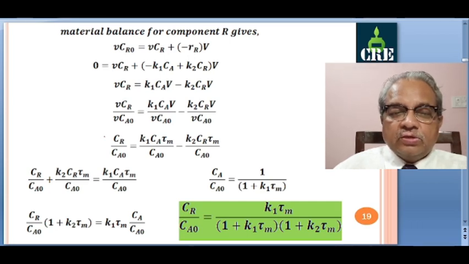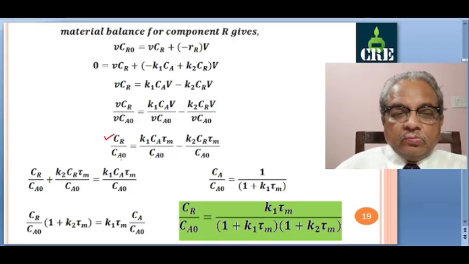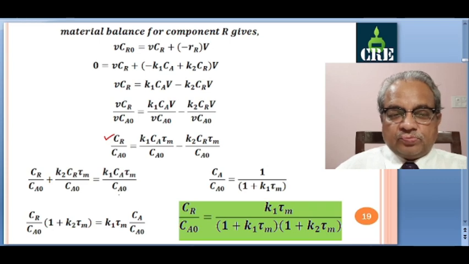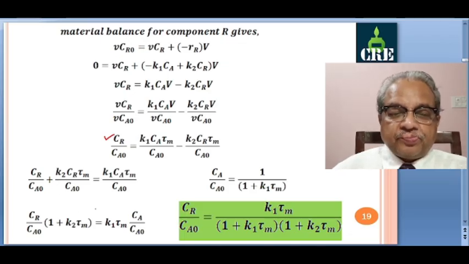We are left with CR by CA0 equal to K1 CA by CA0 times V by v, which is tau m, minus K2 CR by CA0 times V by v, which is tau m. Now this term CR we transfer on this side, so plus sign will be there. So CR by CA0 plus K2 CR tau m by CA0, that is equal to this term K1 CA tau m by CA0. Here CR by CA0 taken outside and you are left with 1 plus K2 tau m.